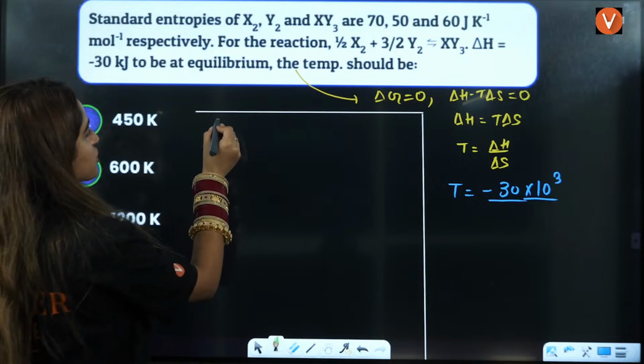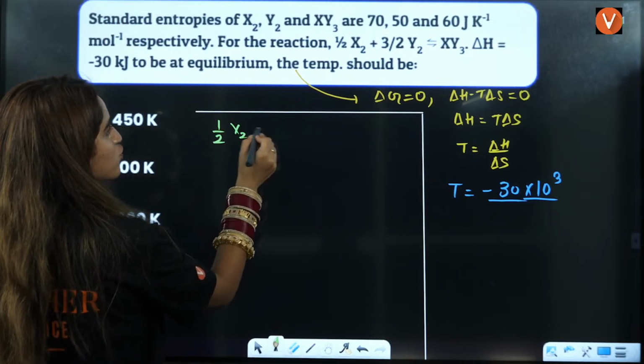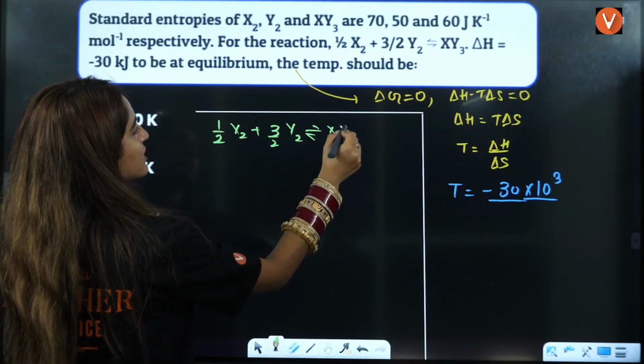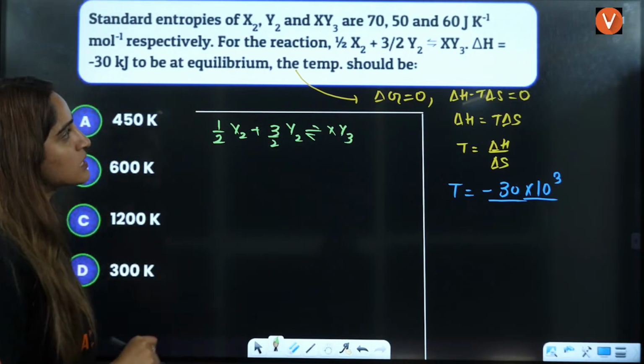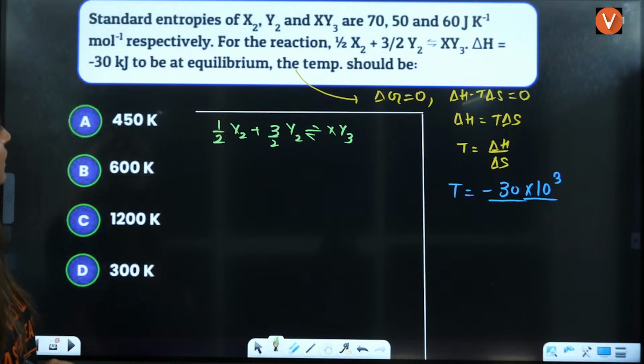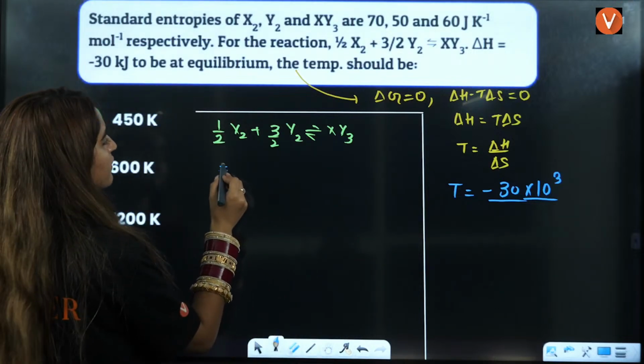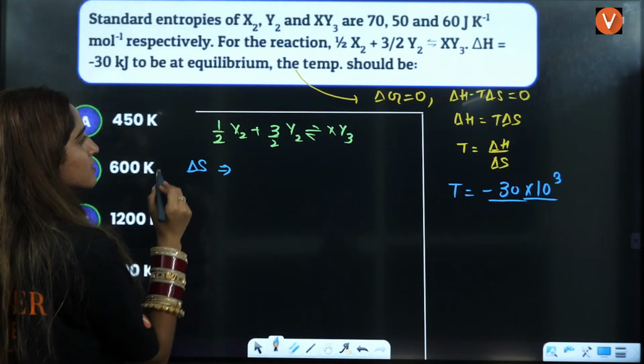This is the reaction: half of X2 plus 3 by 2 of Y2 giving rise to XY3. Standard entropy will be product minus reactant.